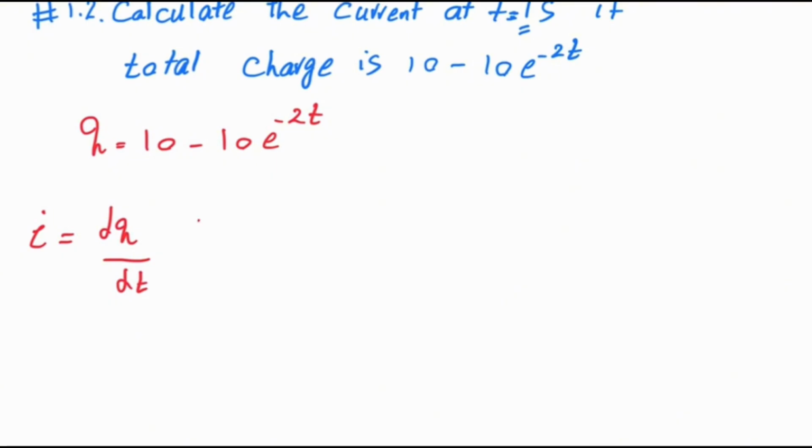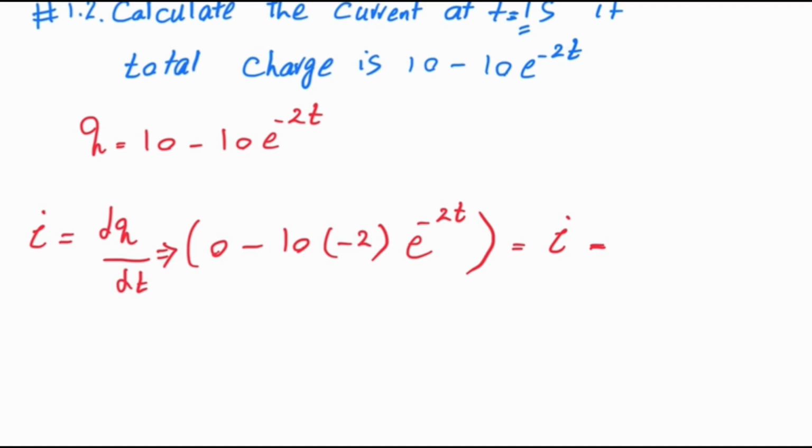Taking the derivative of the constant is going to be 0, minus 10 times minus 2 times e to the minus 2t. Therefore, i is equal to 20 e to the minus 2t.